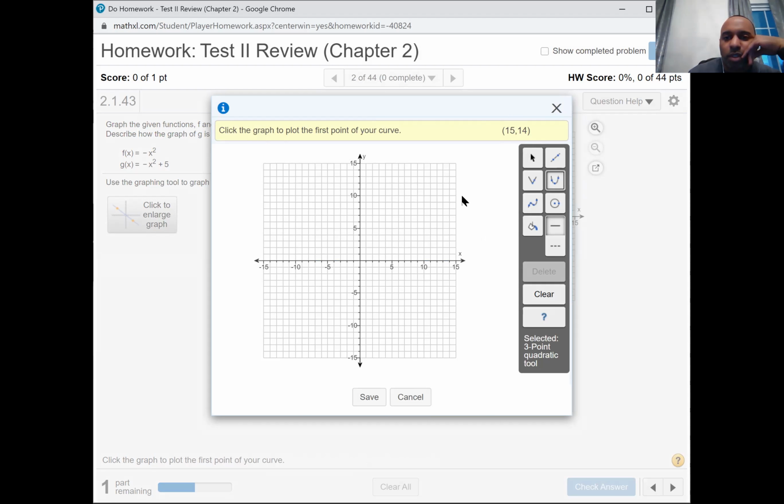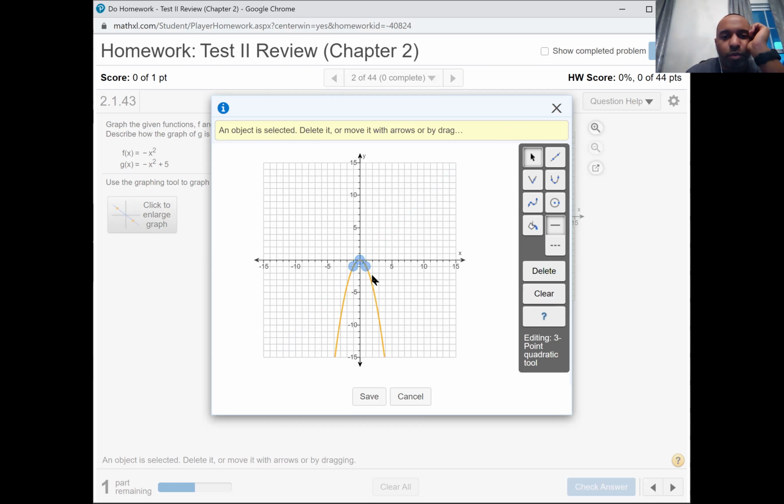See how I said 615? Whatever you want your vertex to be. So now this is 0, 0. And then you need at least one more point. So let's go -1, -1 squared, -1, -1. Okay, so they want 3 points.